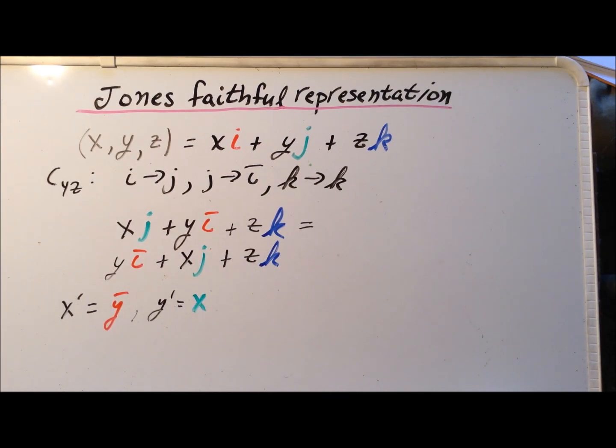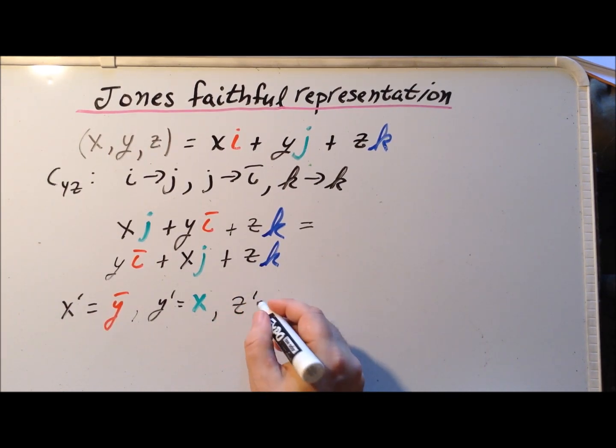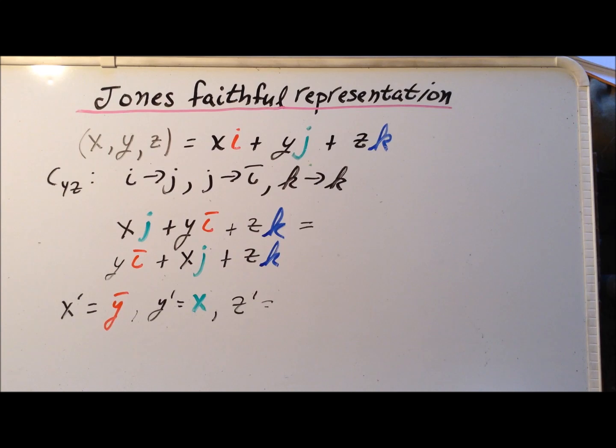And then z prime, the new value for the z coordinate, is going to be the coefficient of the k vector, which is just the z from before. That has not changed. That means our representation for the C₄ z rotation is going to be minus y, x, and z.